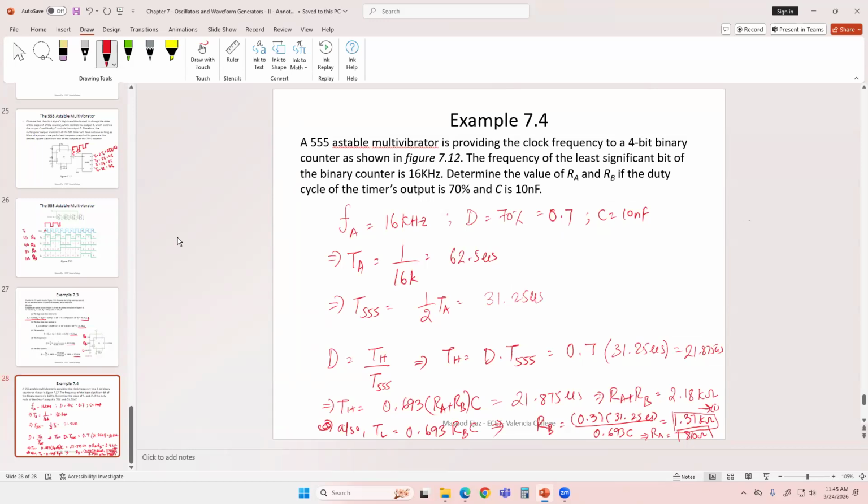RB, you guys told me 1.37 kilo ohm, right? What did you get? 3.15 kilo ohm. Anyone? You got 3.15. Okay, so maybe the 2.1 is an incorrect value.